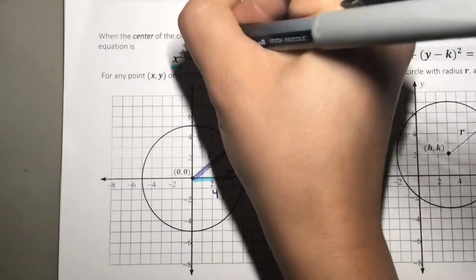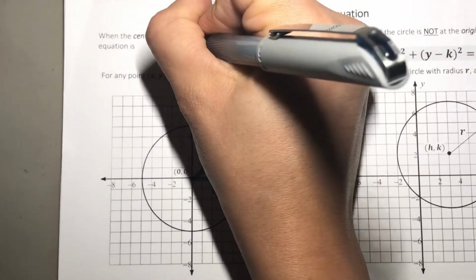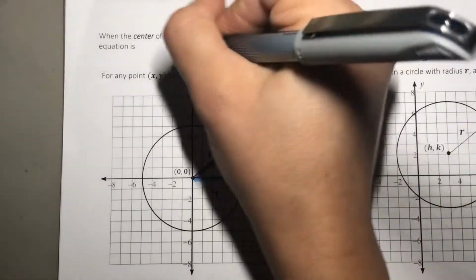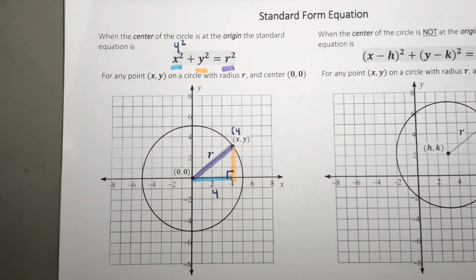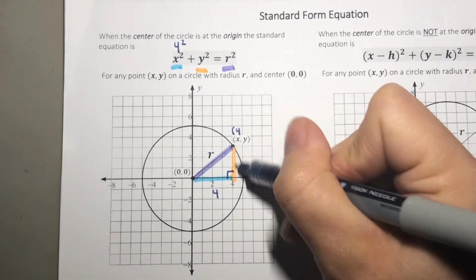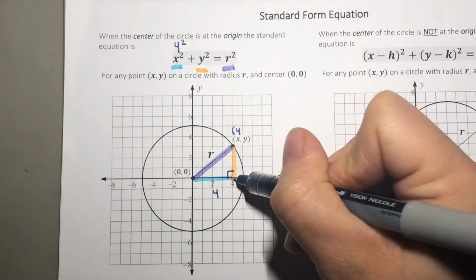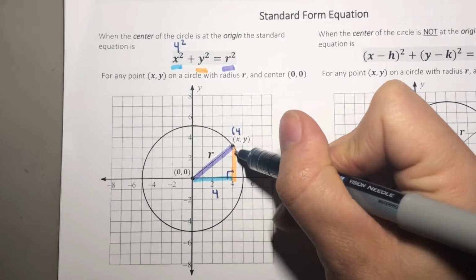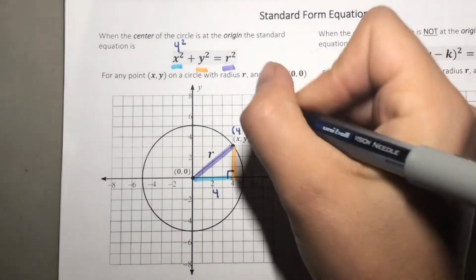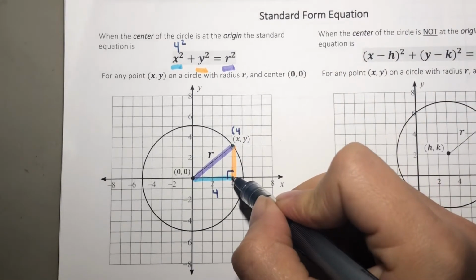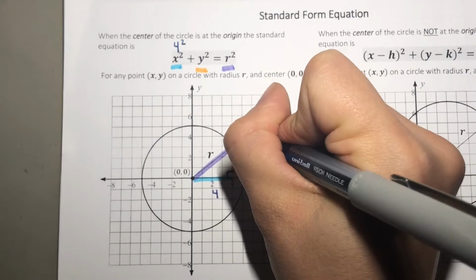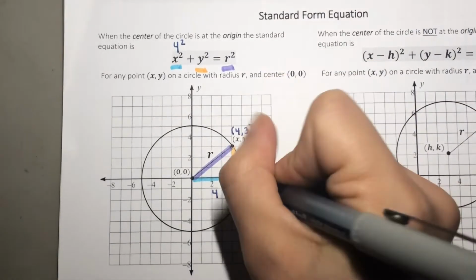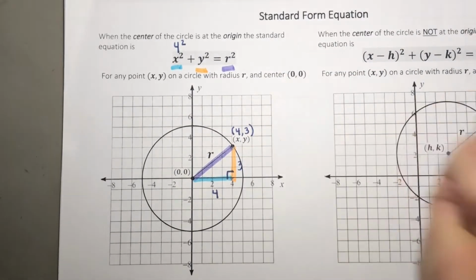Okay, so this distance would be a distance of 4. The a value would be 4 if we're comparing it to the Pythagorean theorem. Over here, for this leg, we're going from 0 to 3. So this distance is 3. Okay.